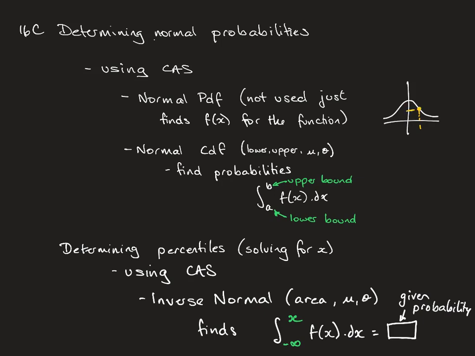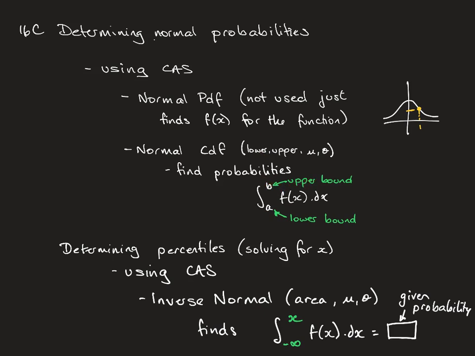Not very helpful really. So the one that we use is the normal CDF, and what we put in is our lower bound and our upper bound. And our lower bound, when we're finding probabilities, is the lower terminal for the area, and the upper bound is the upper terminal for the area.